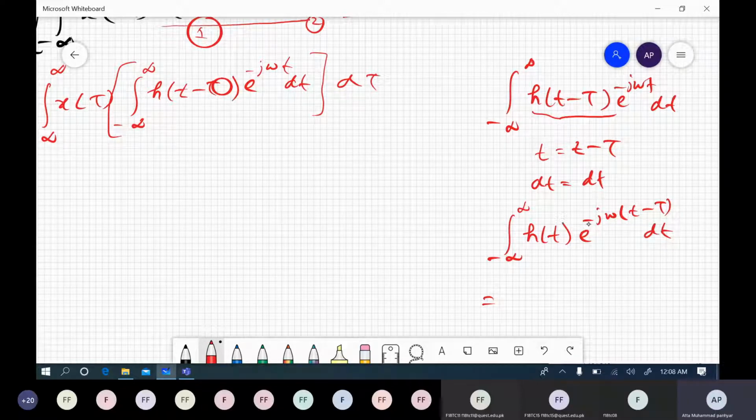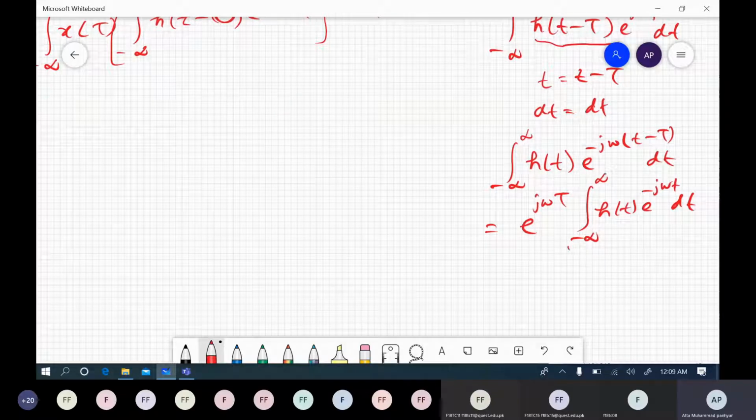If I expand this, it equals e to the power minus j omega t times e to the power j omega tau. So e to the power j omega tau is not integrated, so it is treated as a constant and taken out of this integral. This equals the integral from minus infinity to infinity of h of t e to the power minus j omega t dt. Now you can see this equals h of j omega.